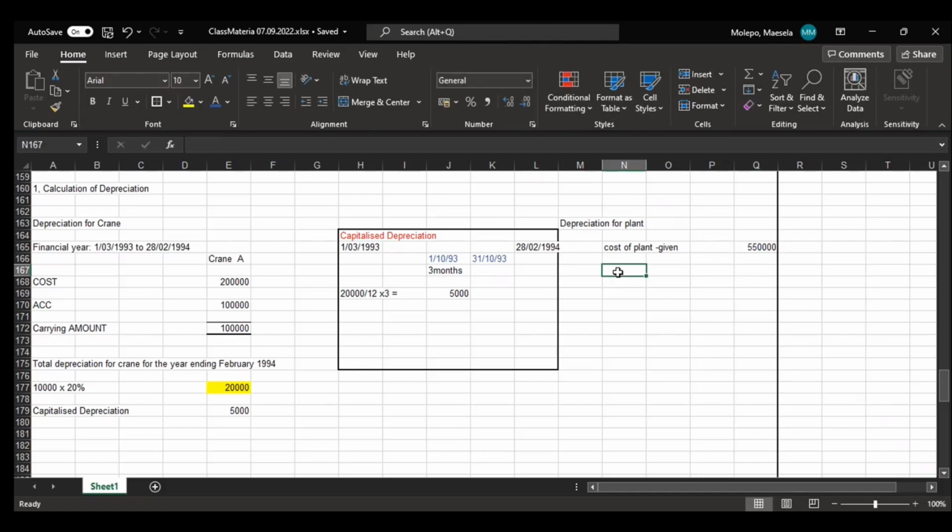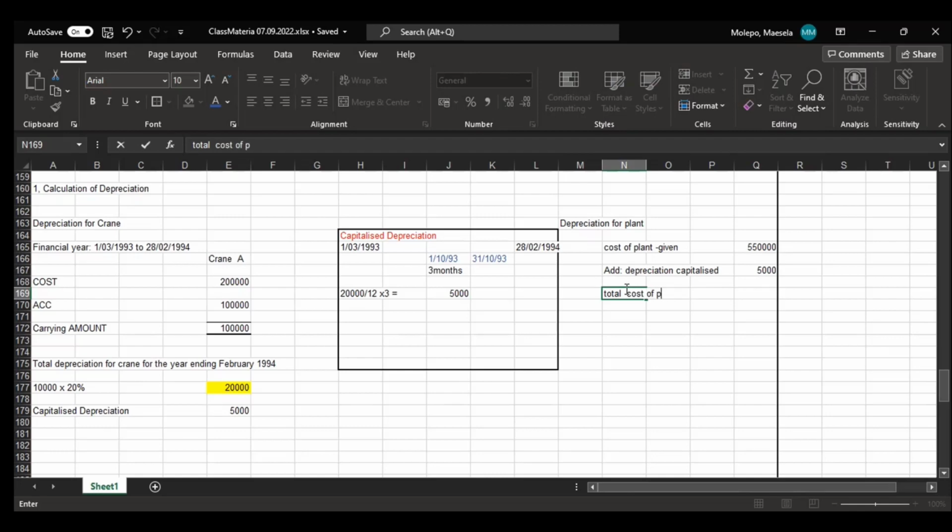Now we're going to add the depreciation capitalized, which is 5,000. Therefore, our total cost for plant now will be 555.